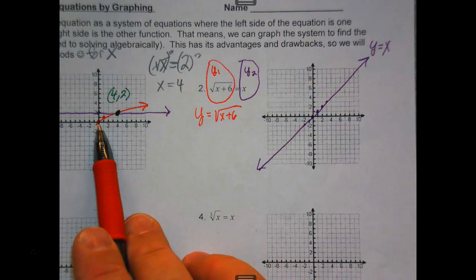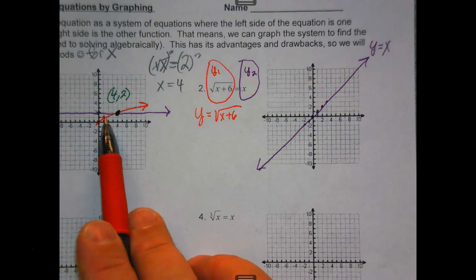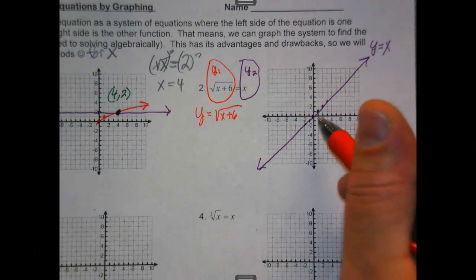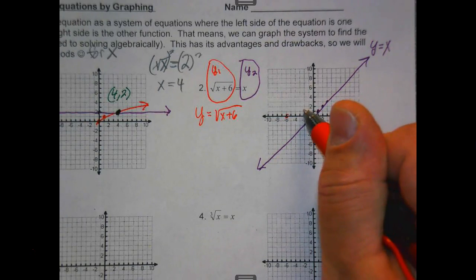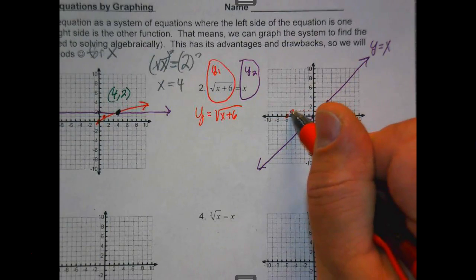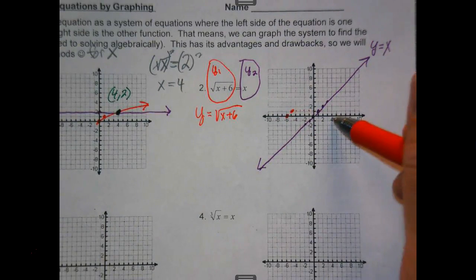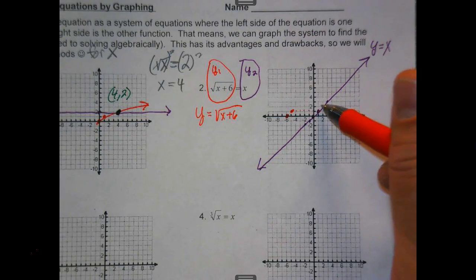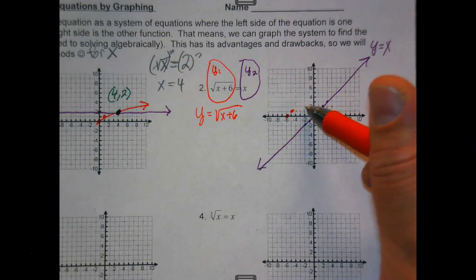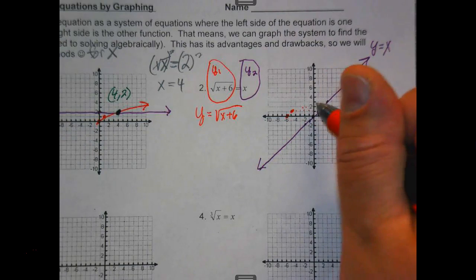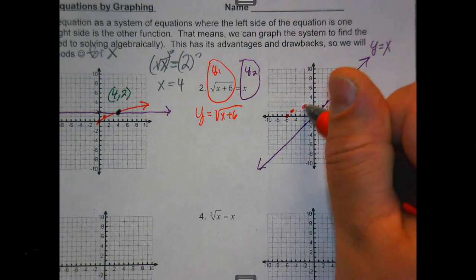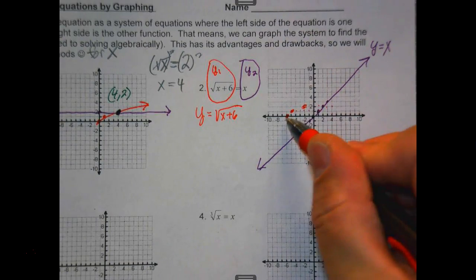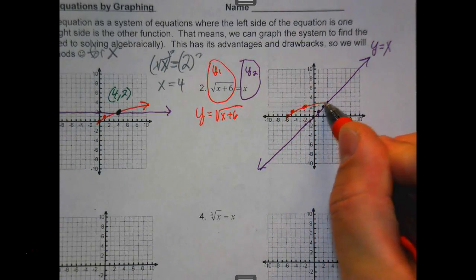This is the parent function, so I'm just going to shift every point to the left 6. 1, 2, 3, 4, 5, 6. And then 4, 2, 1, 2, 3, 4, 5, 6. This should be negative 2, 2. And I'm going to graph that carefully.